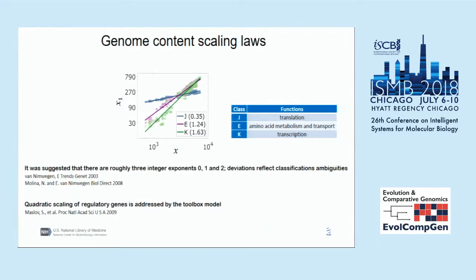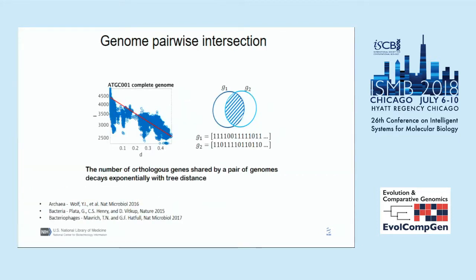We want to look at a complementary ingredient that has to do with genome content, which is the genome pairwise intersection. Whenever we look at a pair of genomes, there will always be a certain amount of genes which is shared by these genomes and some genes that are unique to each one of the genomes.